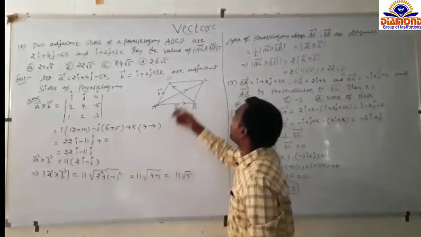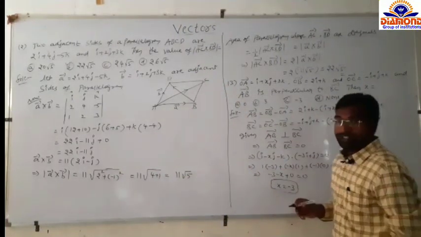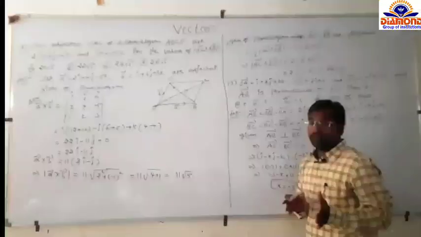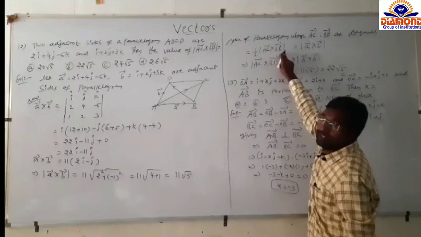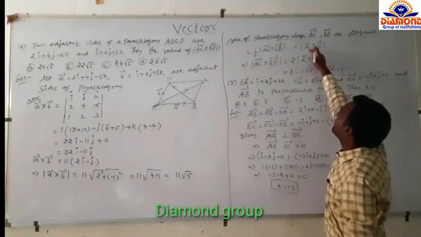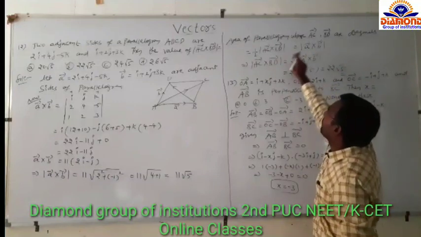But we need to find modulus of AC cross BD. In the case of diagonals, the area formula is 1 by 2 modulus of AC cross BD. In the case of adjacent sides, it is modulus of a cross b. Suppose these two areas are equal, what do you get?